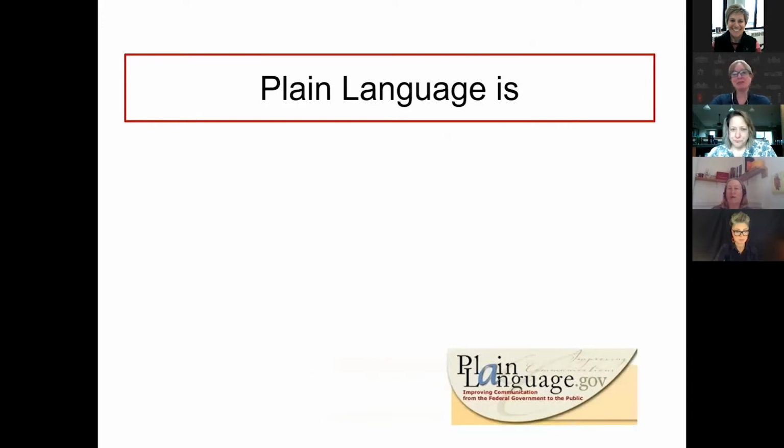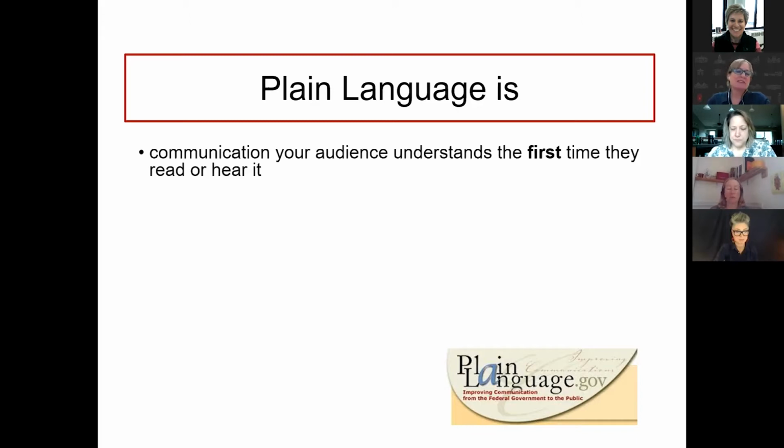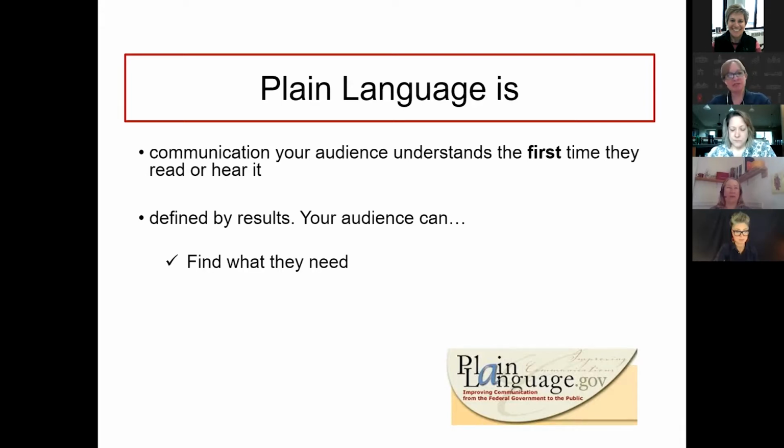I'd like to start with a definition of plain language, and this comes from plainlanguage.gov, which is a great authority on the topic. I'm going to read through the slide. Plain language is communication that your audience understands the first time they read or hear it. And it's defined by results.